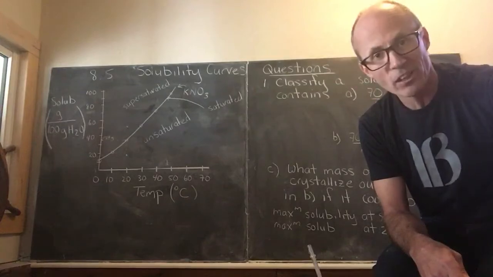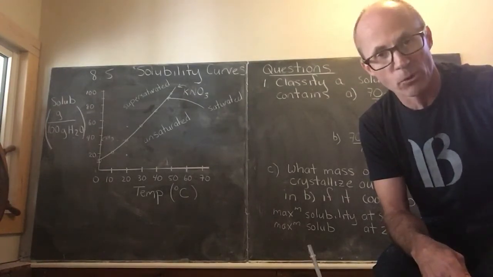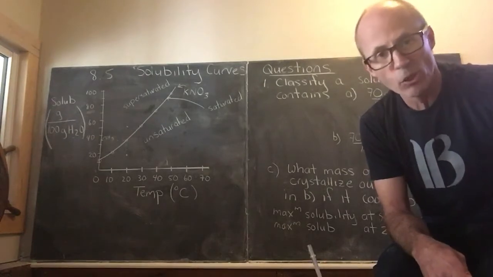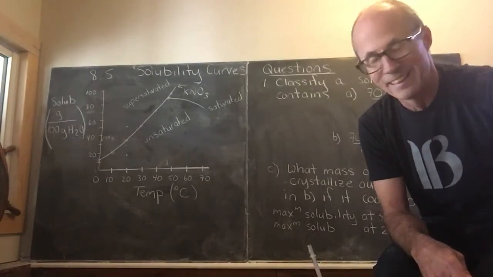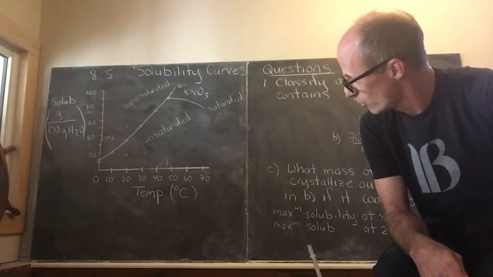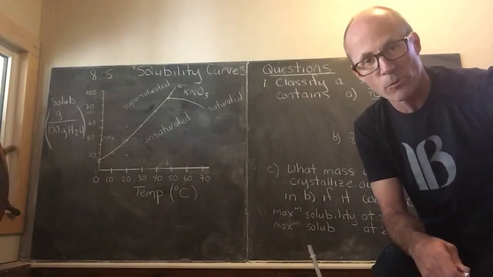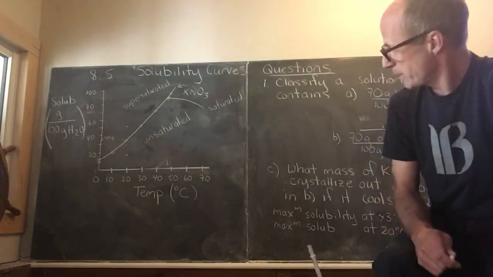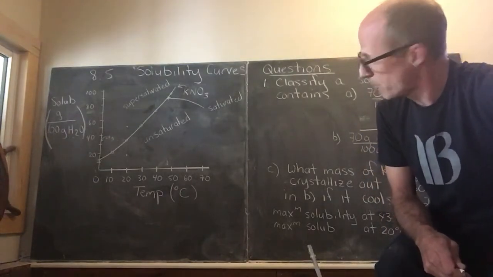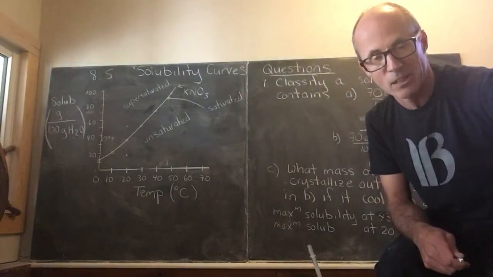Today we're going to continue on and look at solubility graphs or solubility curves with a little more analysis built in. So I just chose not to erase my previous graph from the previous video because it's the same one, and we're going to focus on potassium nitrate again because it makes a lot of sense.